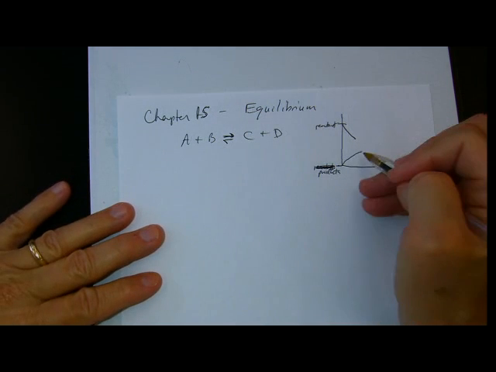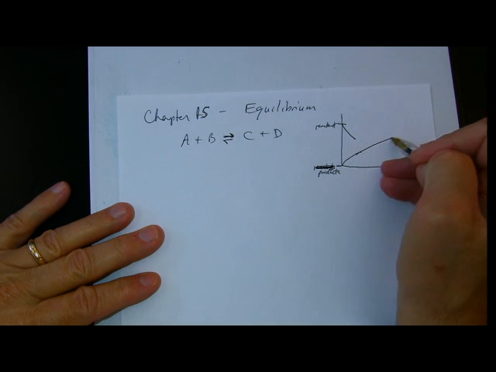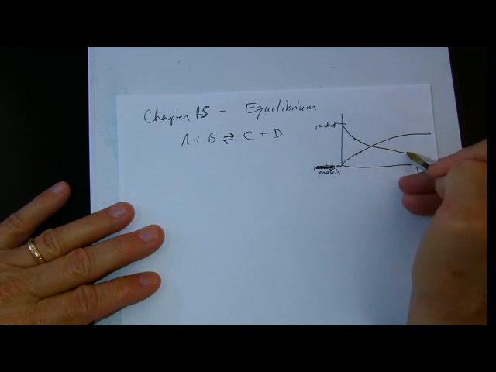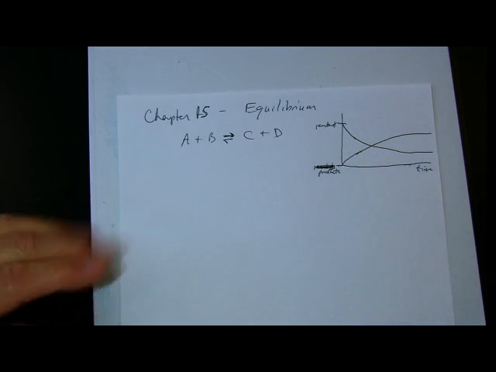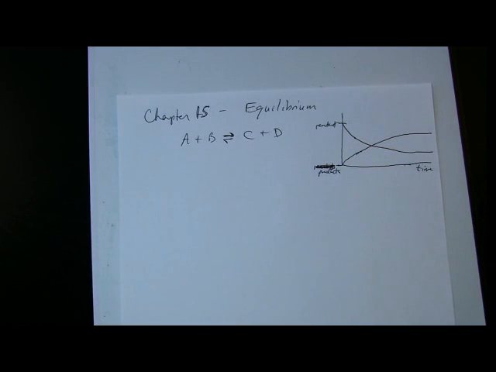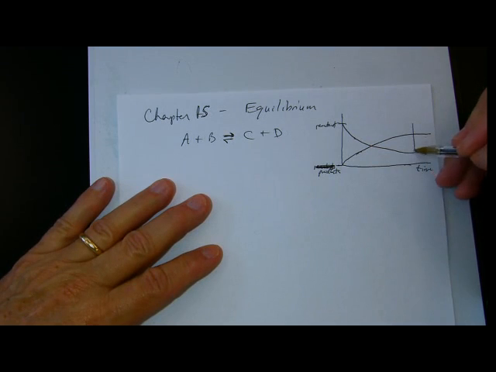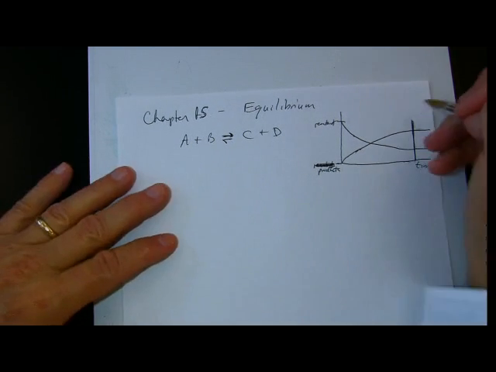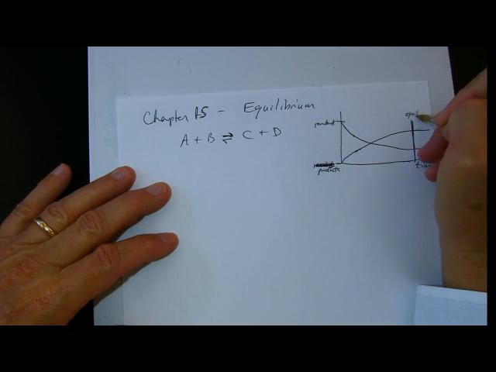And so you can reach a point where it levels out, where the concentrations stay constant with respect to time, in other words, they're not changing anymore. It reaches what's called equilibrium.